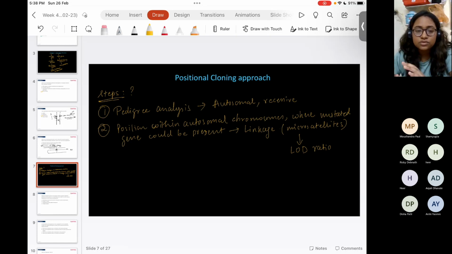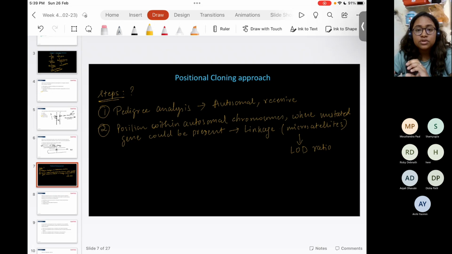People just put in the values. The microsatellite markers which show the highest LOD value are chosen, because people assume that only these markers will be closely linked with the defective gene. The rest of the markers may be passed on from one generation to the next by sheer chance, not because of linkage. So by LOD, you have narrowed down your options for microsatellite markers.